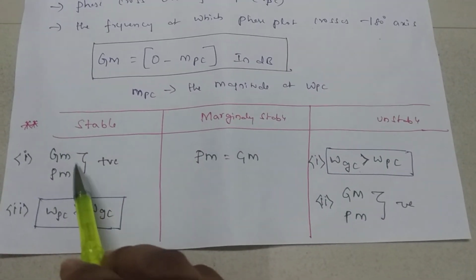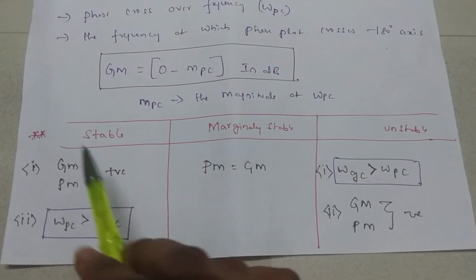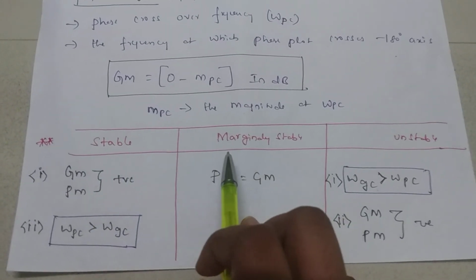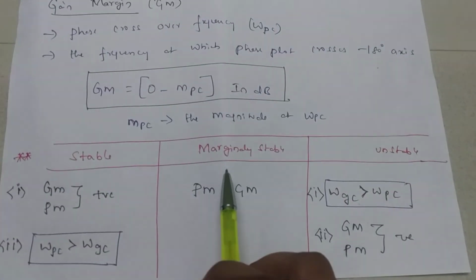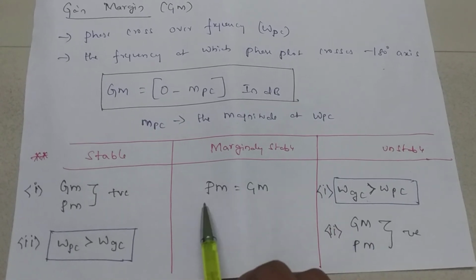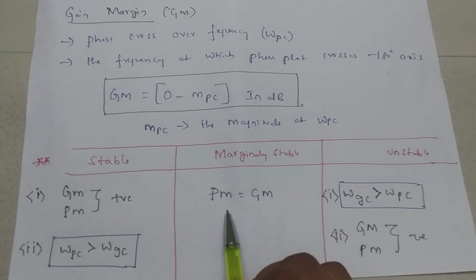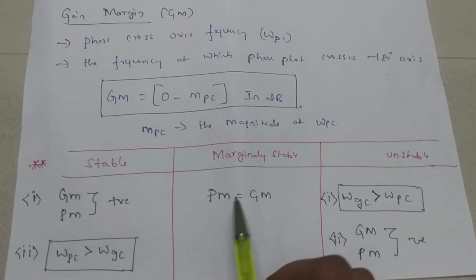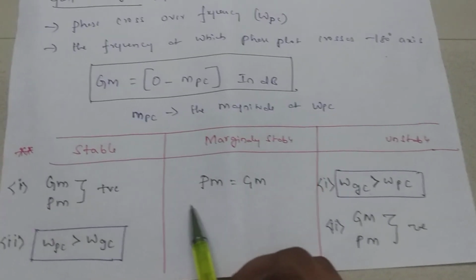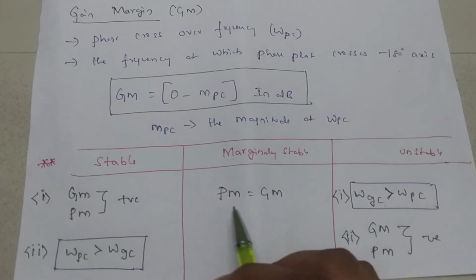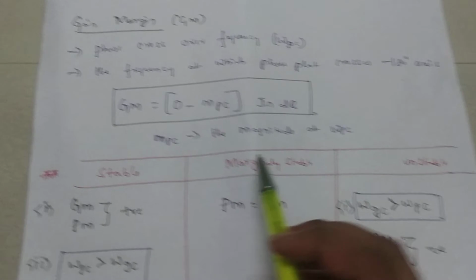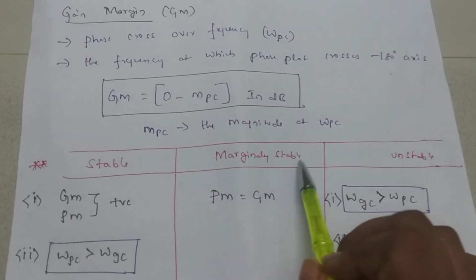If gain margin and phase margin are positive, it is a stable system. If the given transfer function is marginally stable, we have to consider that gain margin equals phase margin. If both are equal, the given transfer function is marginally stable.